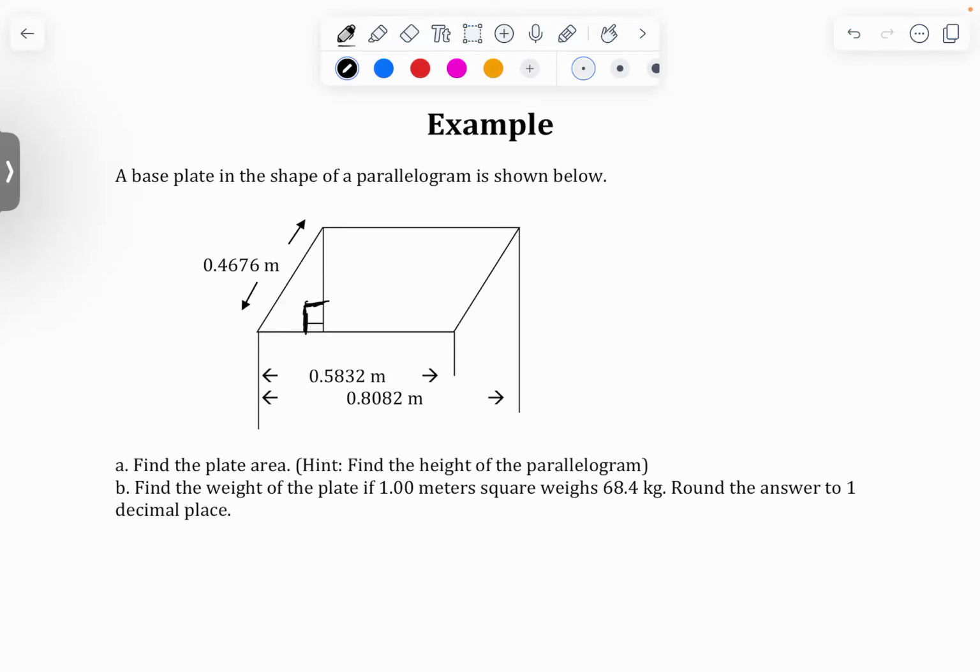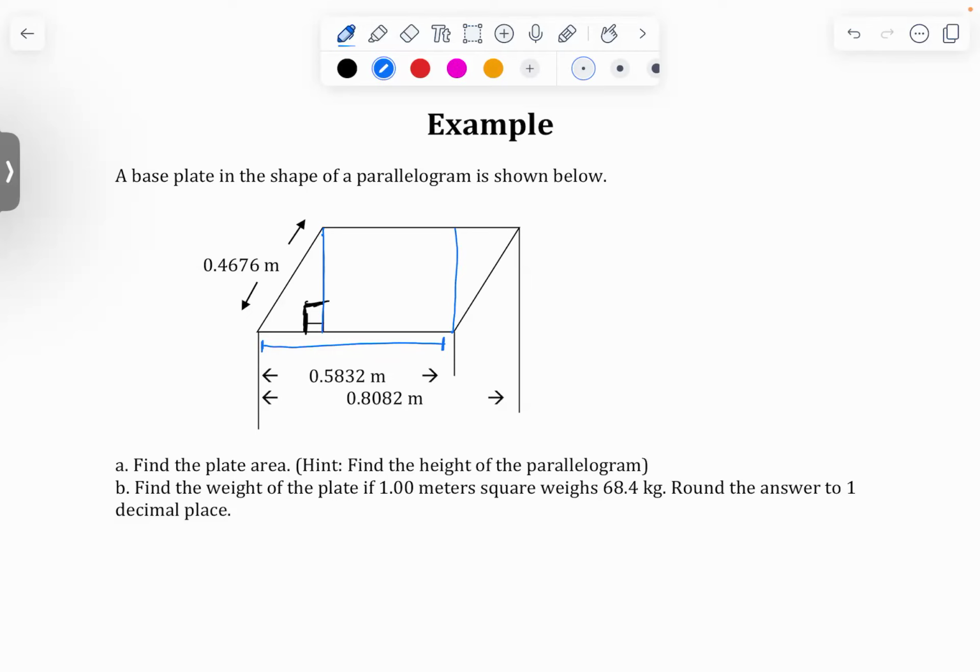I have a length distance, which I can see, but I don't have the height. But just like I was talking about with trapezoids, if you don't have all the information, break it down to the two figures that we're the most familiar with, triangles and rectangles. I see a rectangle and two triangles.